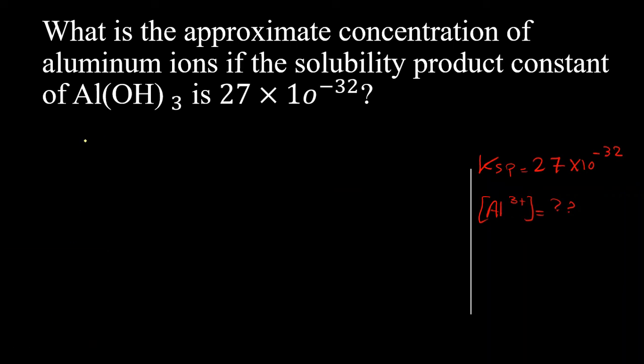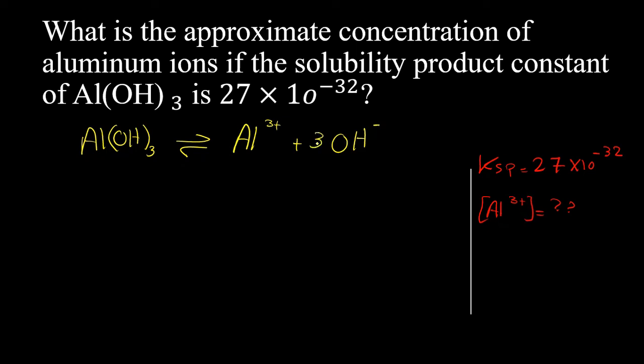So here Al(OH)3 yields Al^3+ plus OH^-, this hydroxide ion. After that, let's balance the equation. Aluminium 1, aluminium 1. After that, hydroxide: here you have 3, here you have 1.